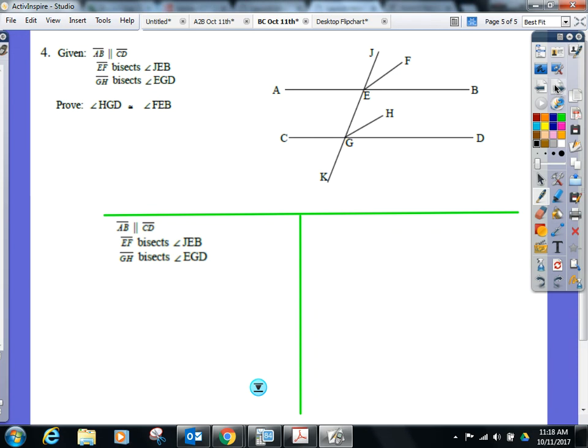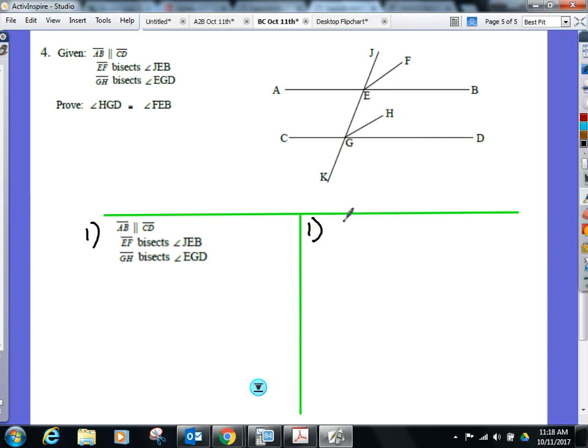As you're setting up your givens, see if anything stands out to you. Hopefully it does. As you're writing down those givens, something stands out big time.